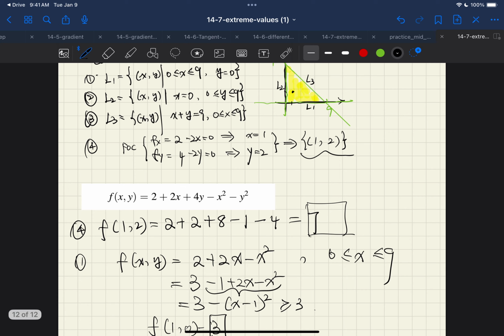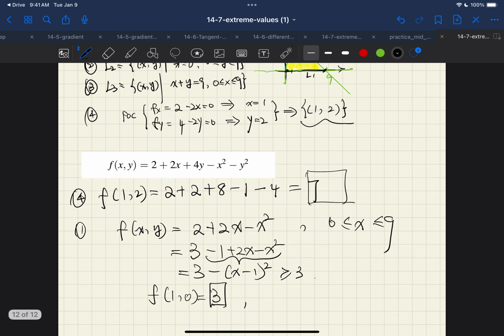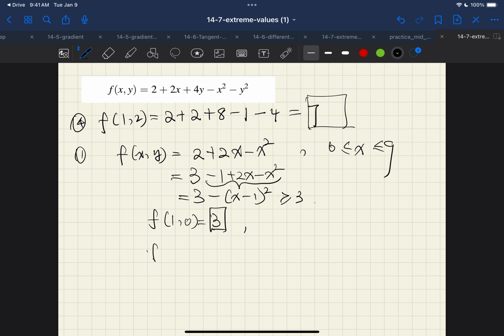Also, I want to look at those corners. Those corners are f(0, 0), and another one. f(0, 0): everything here with variables will be 0, so 2 is the value.